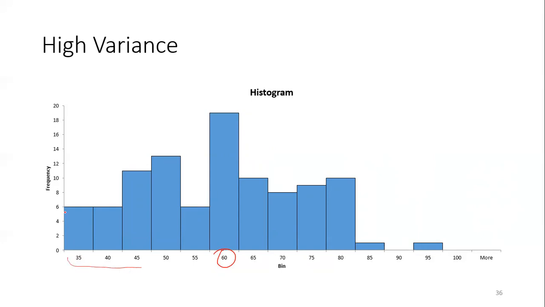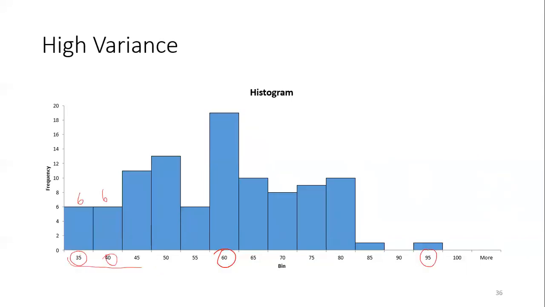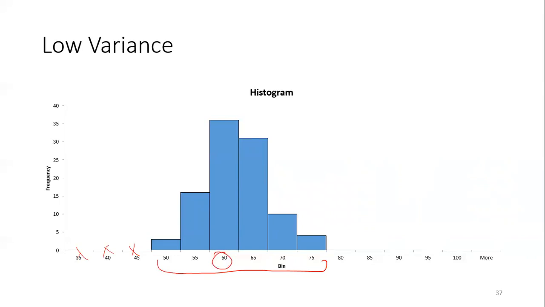There are six observations at 35, six observations at 40, and one observation at 95. But when you look at this one, there are no observations at 35, 40, or 45. So this is what a high variance looks like, and what data with low variance looks like.